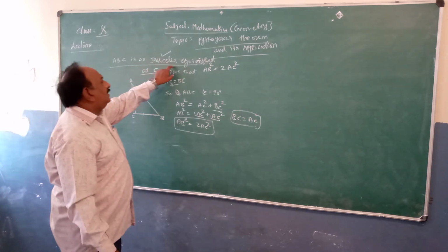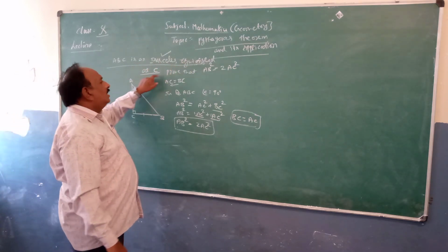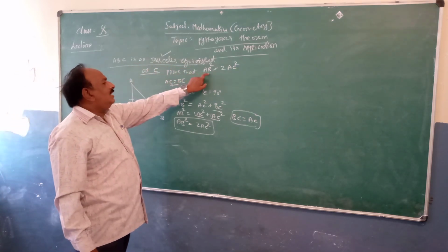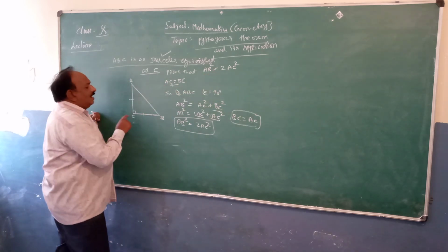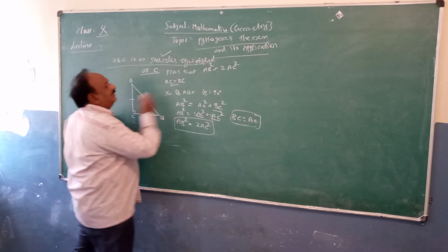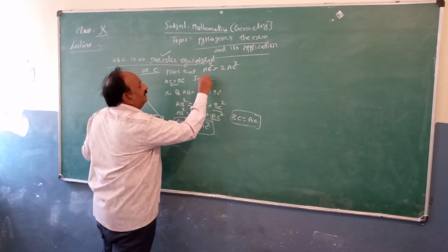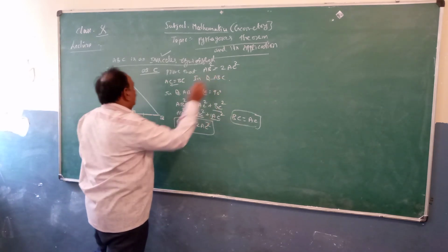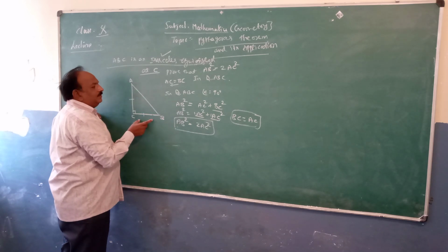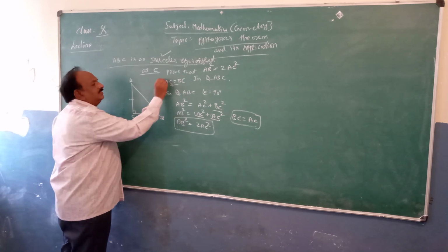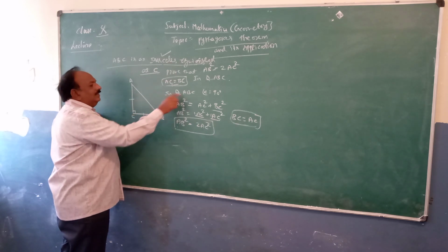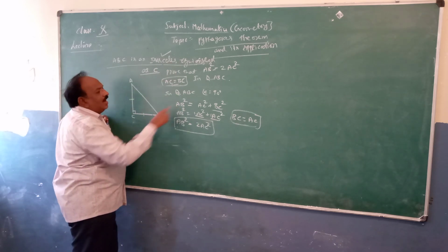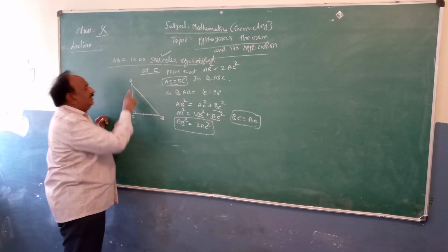ABC is an isosceles right angle at C. Prove that AB squared is equal to 2AC square. In right angle triangle ABC, AC is equal to BC because it is an isosceles right angle at C. In triangle ABC, angle C is equal to 90 degree.